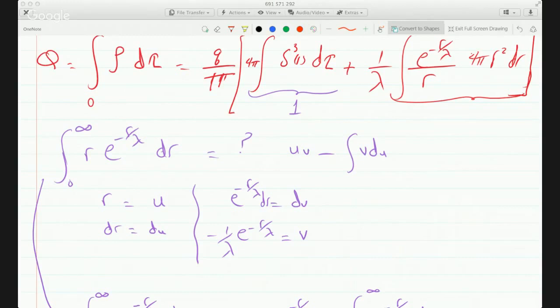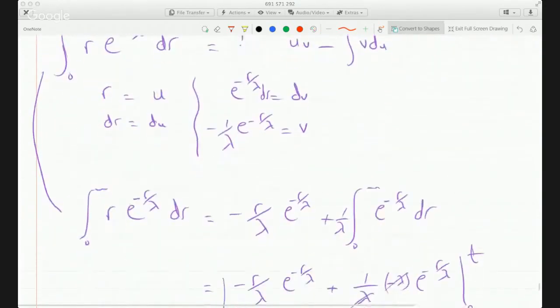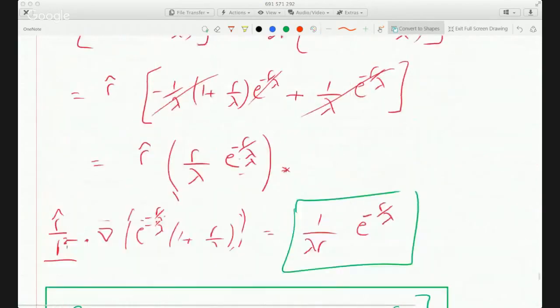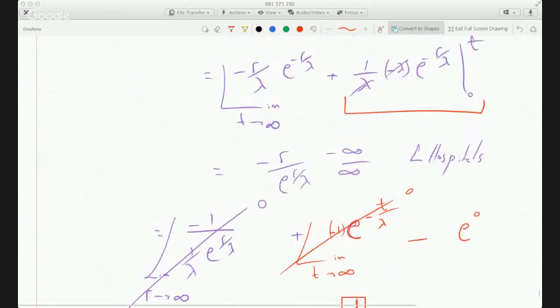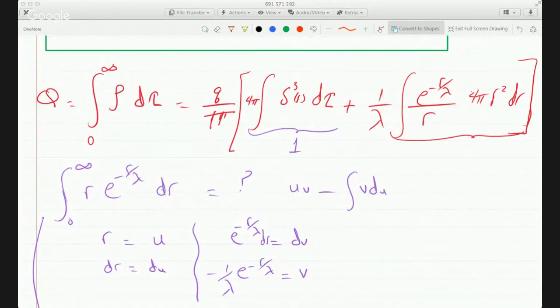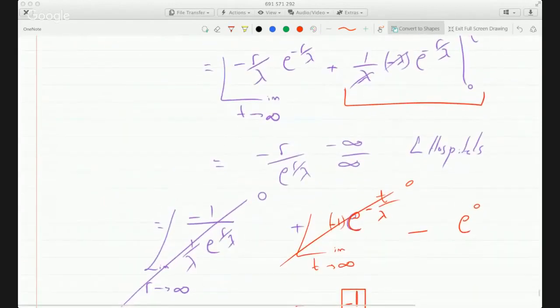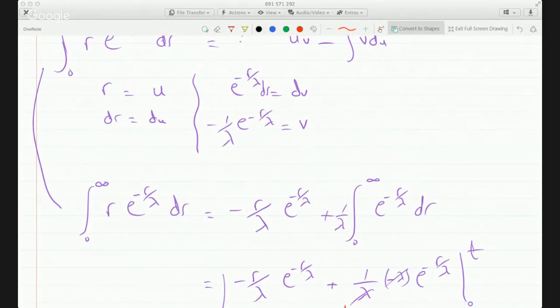Oh yeah, this is lambda minus lambda e to the minus r over lambda.